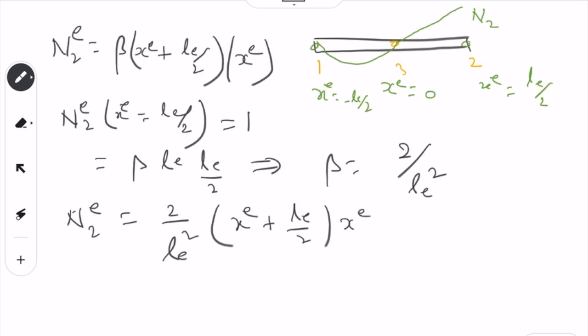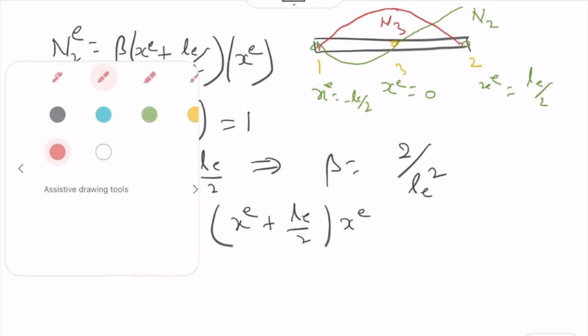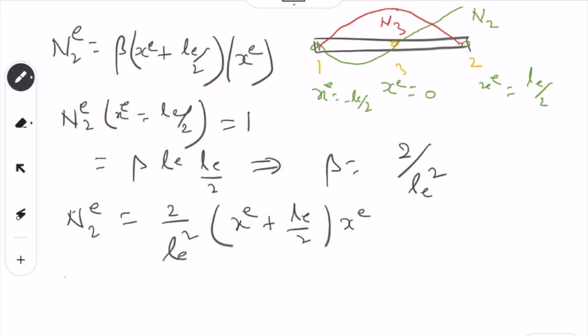Similarly, you can find out the third one. Third one, what do you see? Third one goes like this. So 0 at the first and second, this is N3. So we can write N3e is equal to, let's say, gamma, and the first factor will be xe plus Le over 2.